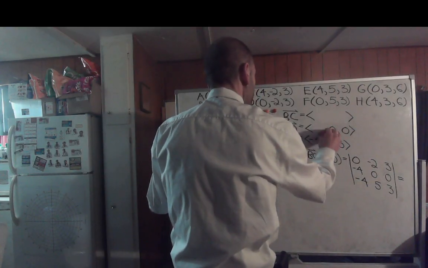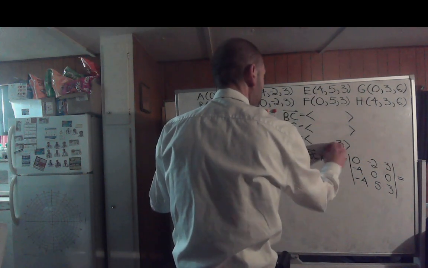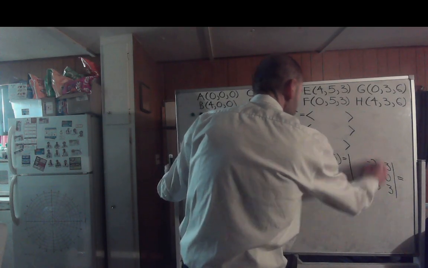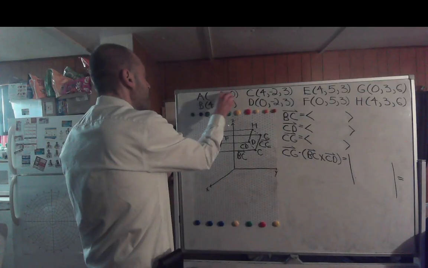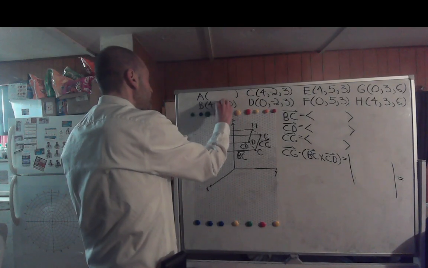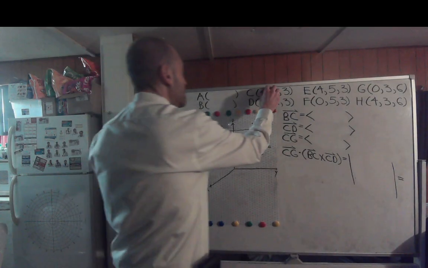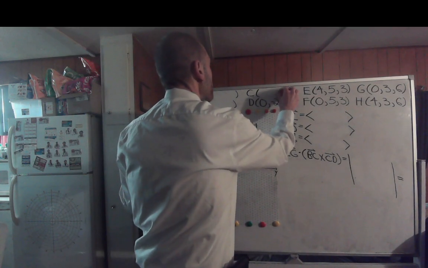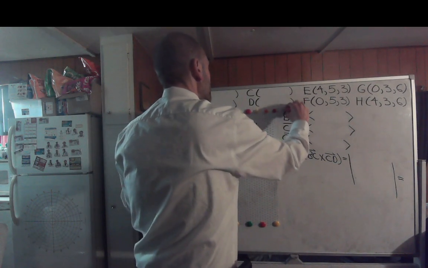Let me keep that format up just to help us. I'll even keep the determinant format up. I'm just going to change the numbers because we're going to get different numbers. The coordinates are about to change.